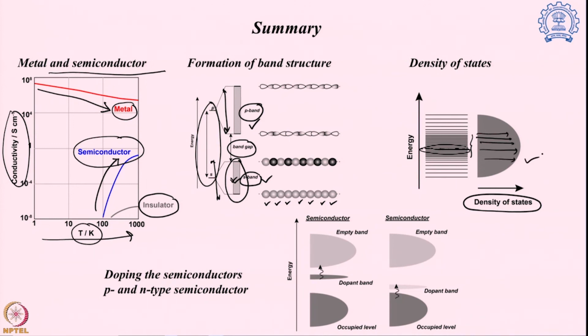Now coming back, this density of state we can use to define a metal and semiconductor, and over there we can also define how we can include a dopant system, because otherwise we have to cross this full band gap to give an electron from the occupied valence band to the empty conduction band of the semiconductors.